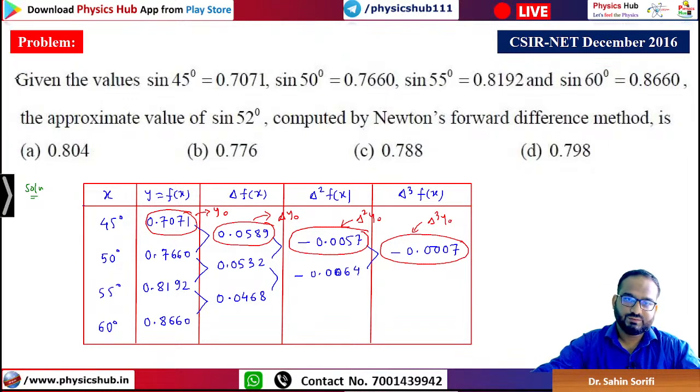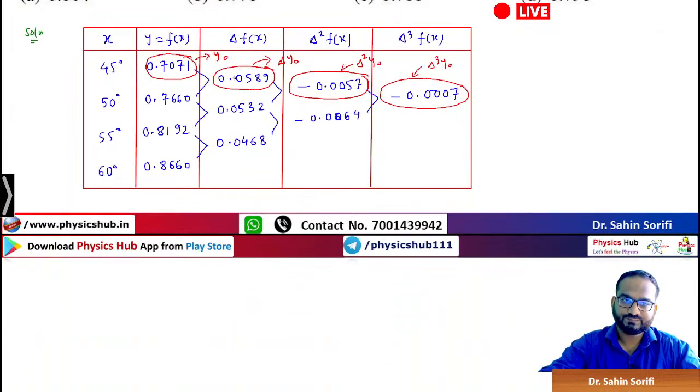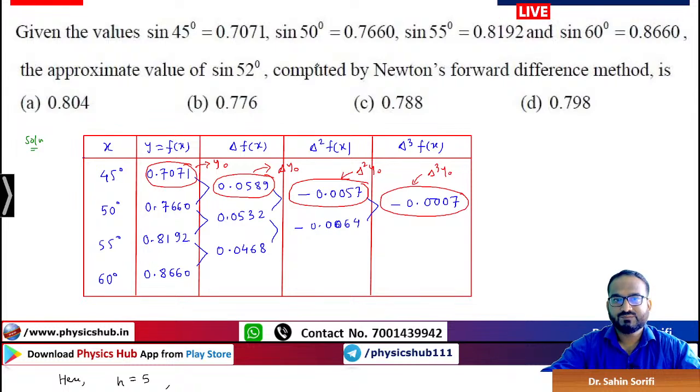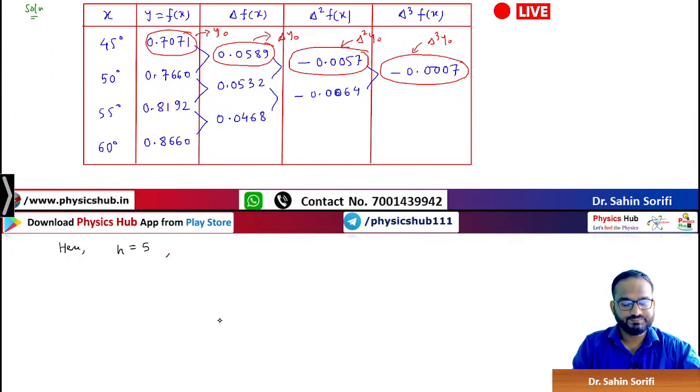Okay, so what is h here? Here h is equal to 5. And what is x? x is 52 degrees, so x is 52, and x0 is 45.